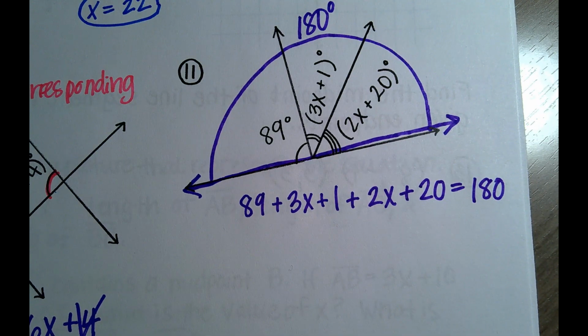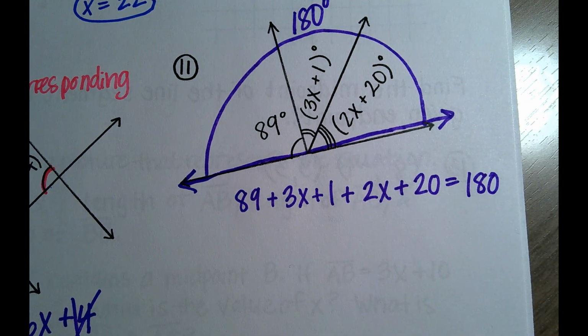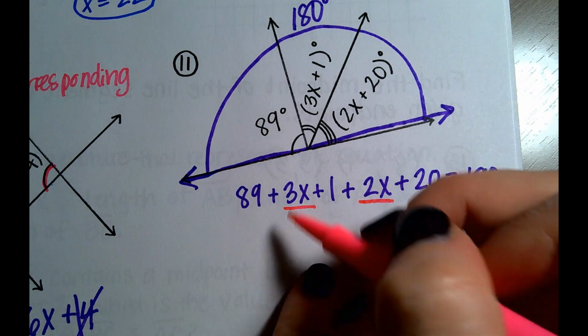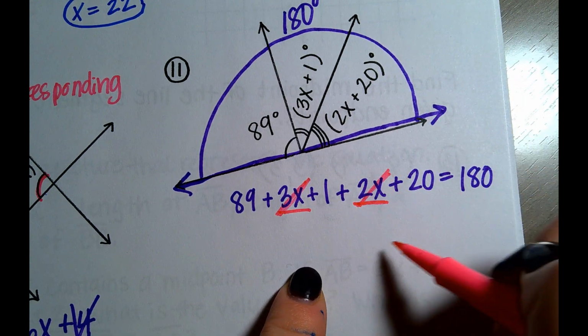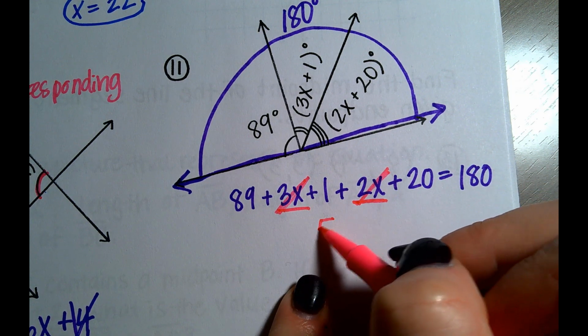Now, is there anything I can do to kind of simplify this? Can anything be combined? Yes, 3x and 2x. And when I add those together, I get what? 5x. Good.